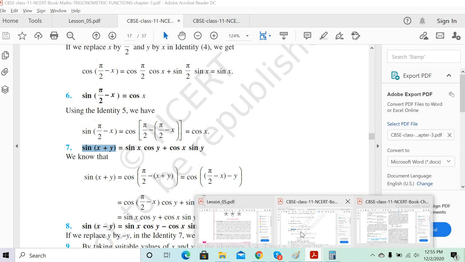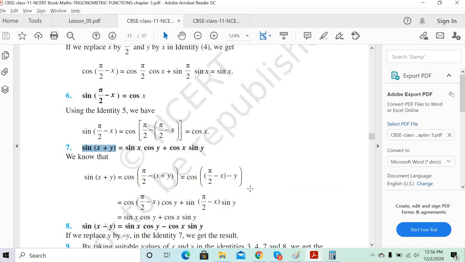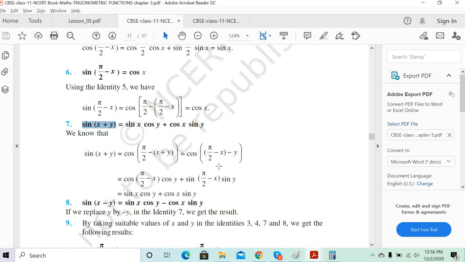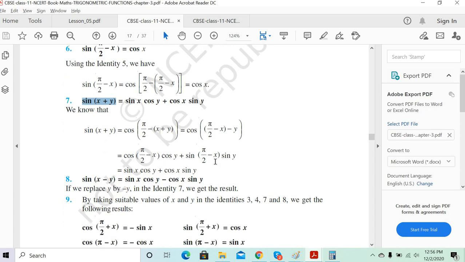But pi by 2 minus x can be used as the complementary angle formula. So use pi by 2 minus x as one term and y as another term, so it comes in the formula of cos a minus b. Correct?